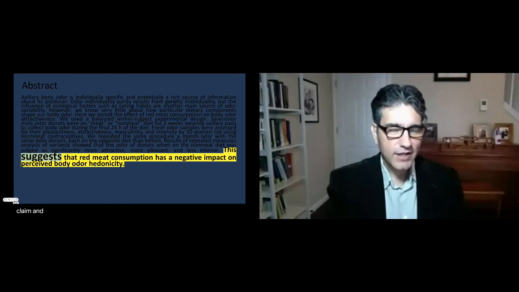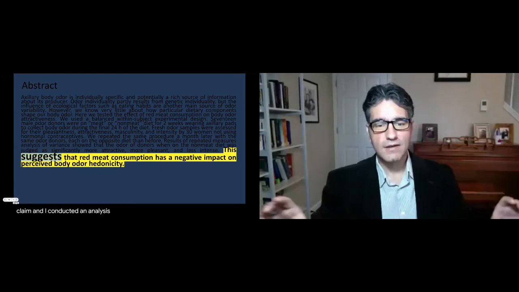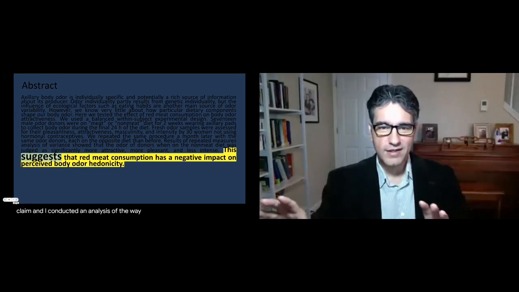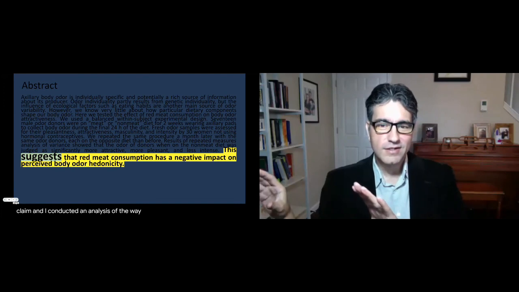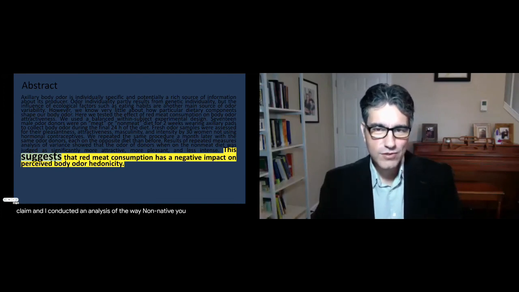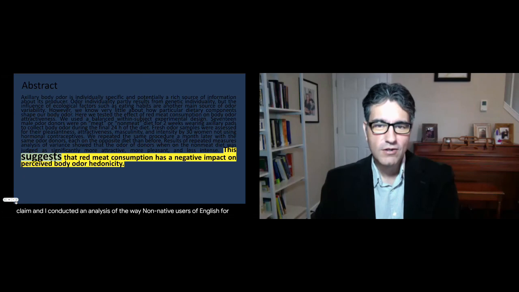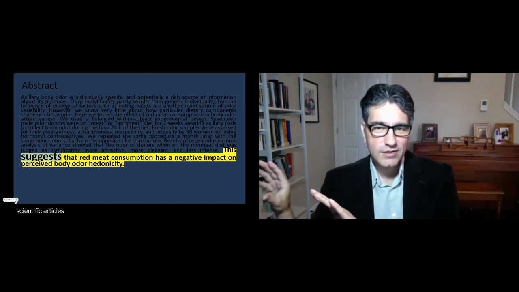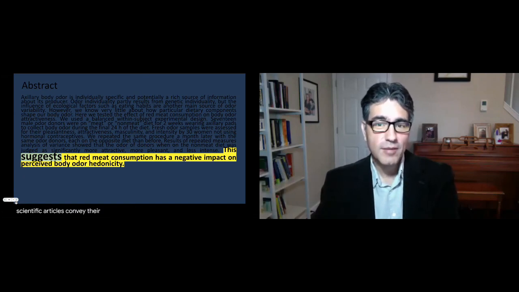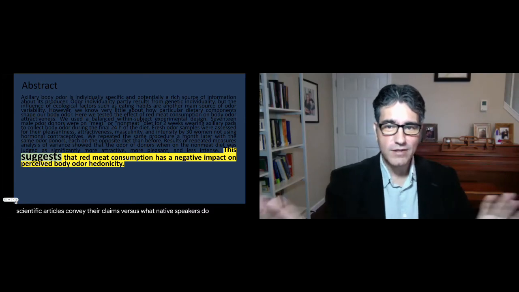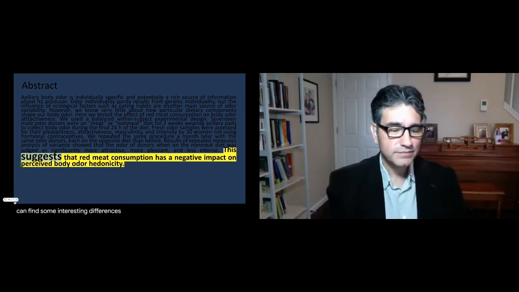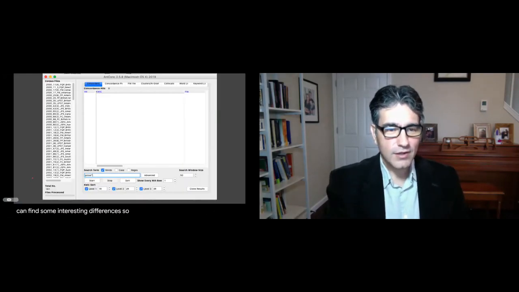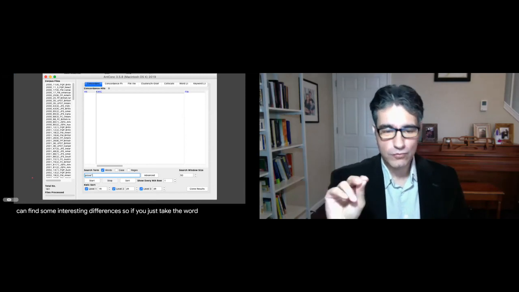And I conducted an analysis of the way non-native users of English for scientific articles convey their claims versus what native speakers do. And you can find some interesting differences. So if you just take the word prove.